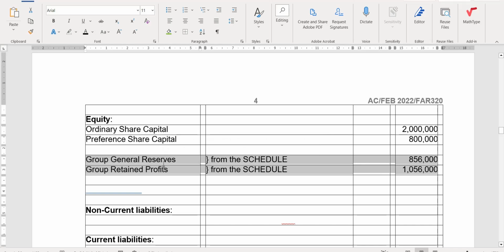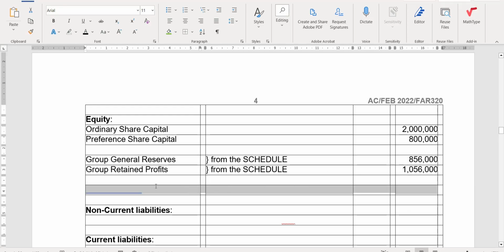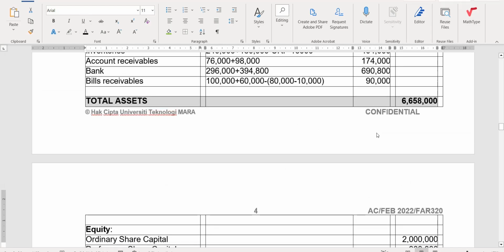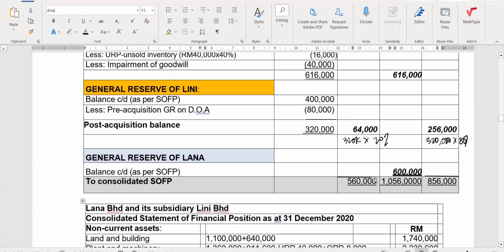The group reserve comprises group general reserve and group retained profit. We take them from the schedule. And same goes for the non-controlling interest, also coming from this schedule that you earlier prepared, 5601056. Right, there was some extra zero there, just correct them.